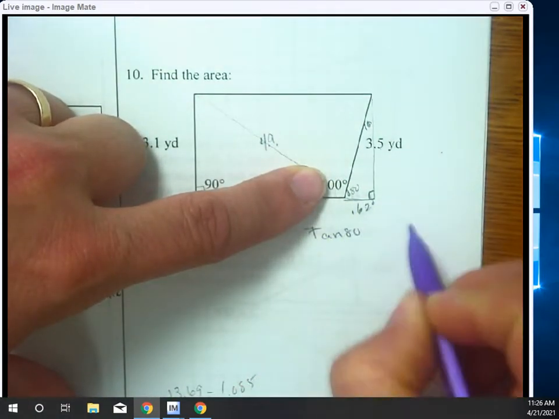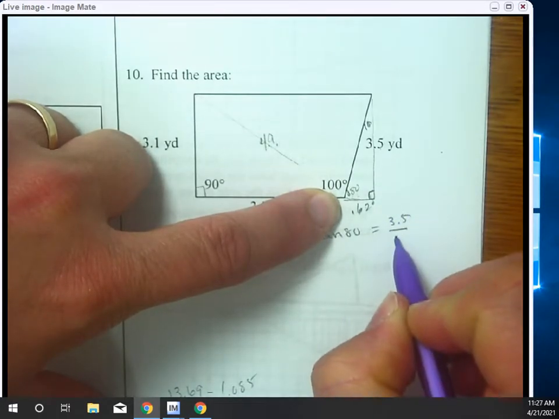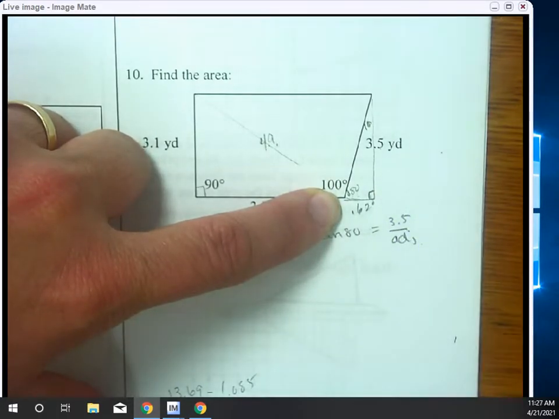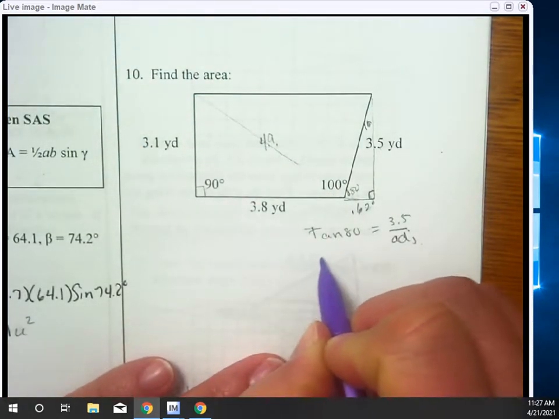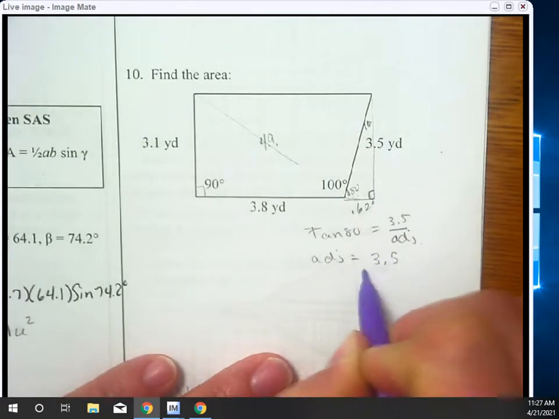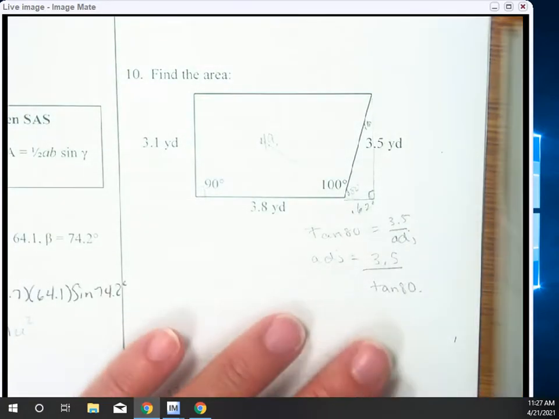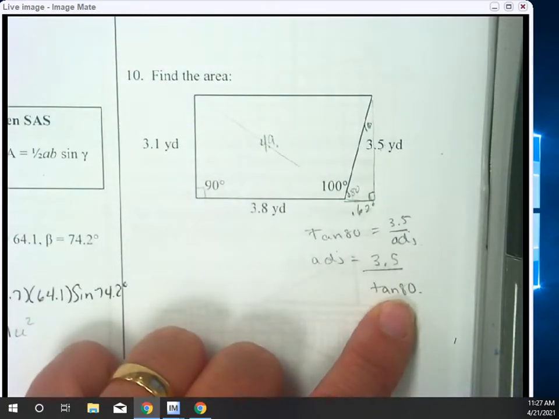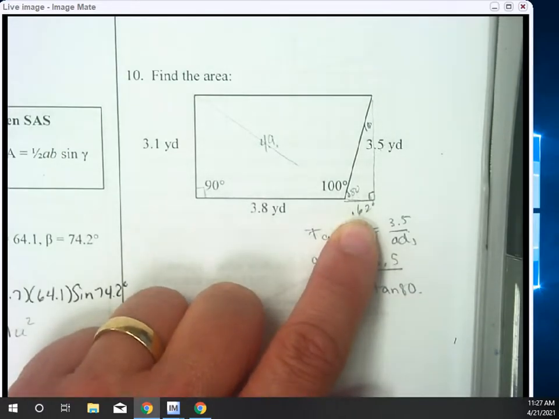Tangent of 80 degrees is opposite over the adjacent side. I don't have the adjacent side. I'm going to multiply by the adjacent and then divide by the tangent of 80. Again, I'm making sure my calculator is in degree mode. 3.5 divided by the tangent of 80 is this 0.62.